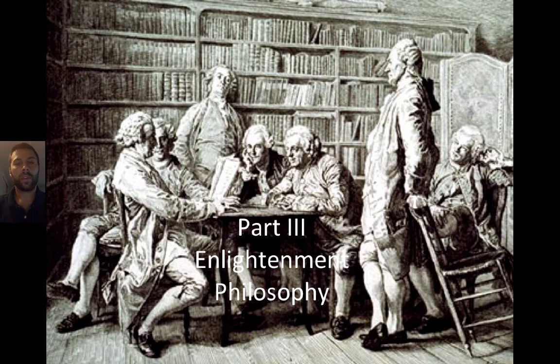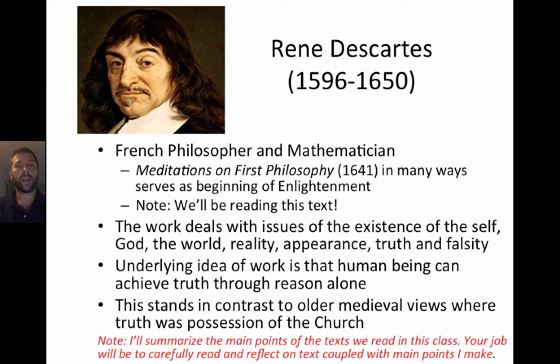Part 3. So now we turn to Enlightenment philosophy. And for this I've chosen Descartes' Meditations on First Philosophy for a number of reasons. Rene Descartes is a very famous philosopher and mathematician within the tradition. His work, the Meditations on First Philosophy, in many ways kind of brings on the Enlightenment within philosophical thinking.